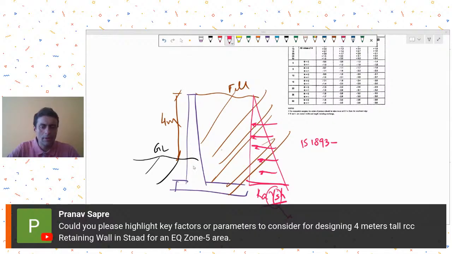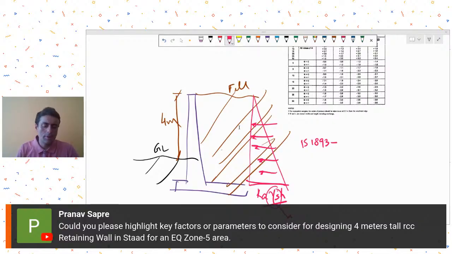Although I have not done this type of a structure before where we had to design a retaining wall in a high seismic zone, what I can understand is that there might be some change in the active pressure coefficient due to the effect of seismic shaking, and I think that will get covered in it. I'm just looking for which part.